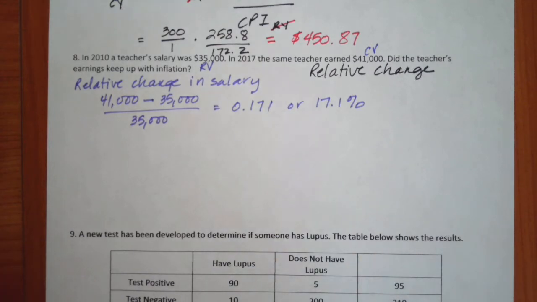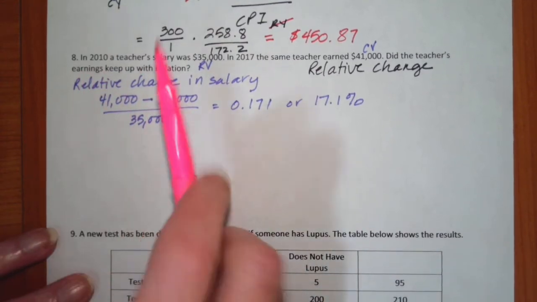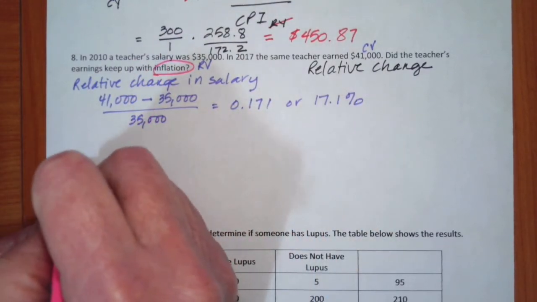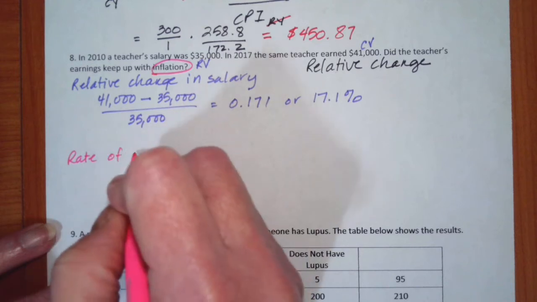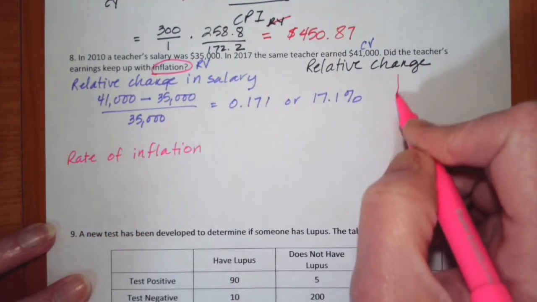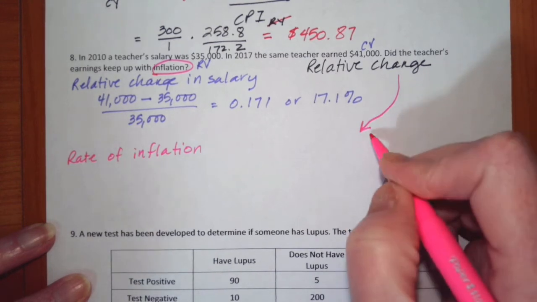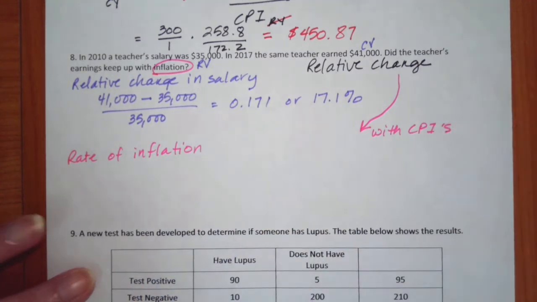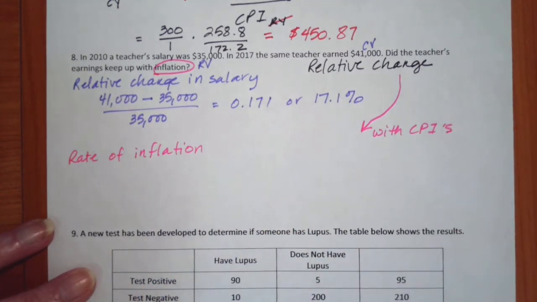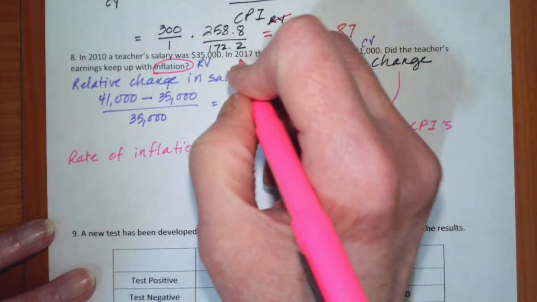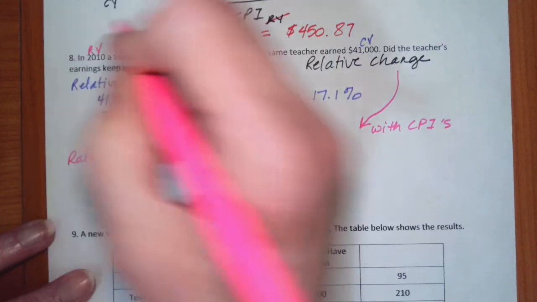Now the second part is we have to deal with the inflation. We need to find the rate of inflation. We're still going to use the relative change formula with CPIs. Our reference value is going to be 2010.